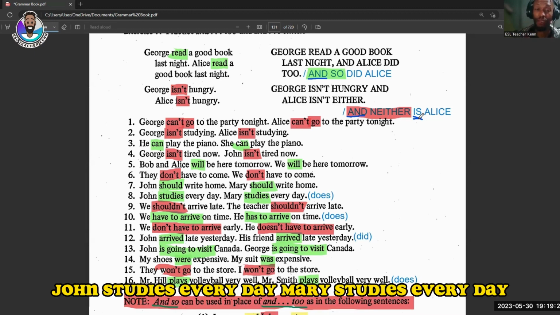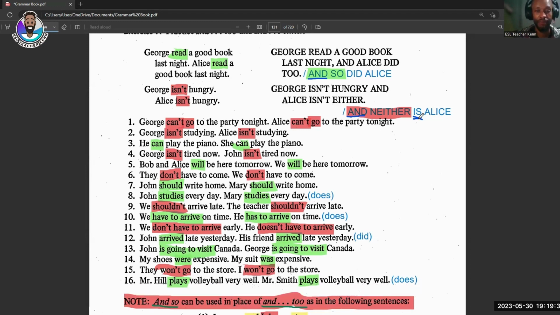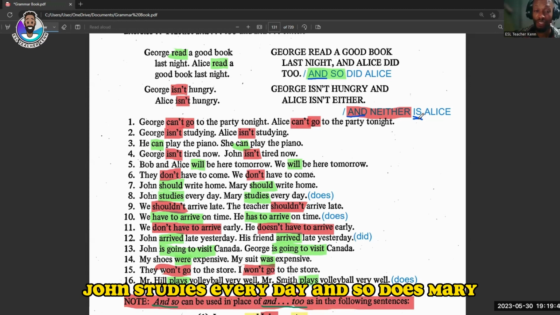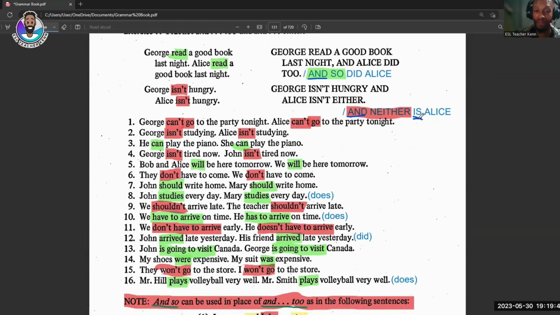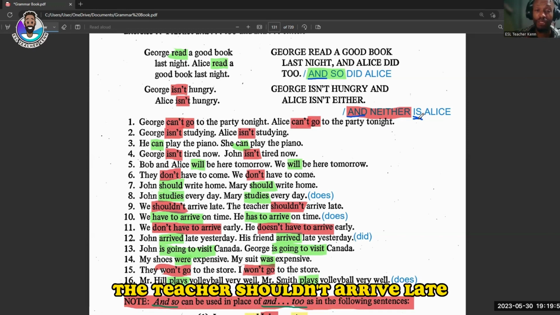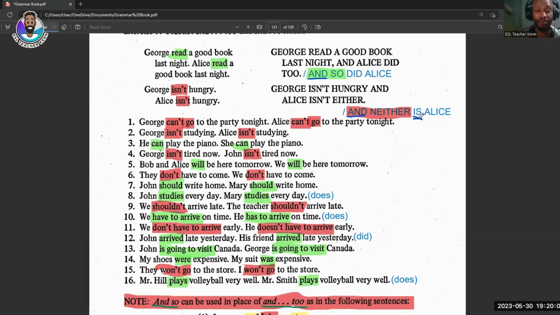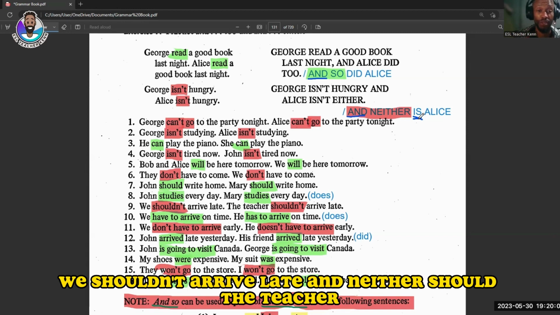John studies every day. Mary studies every day. John studies every day, and so does Mary. We shouldn't arrive late. The teacher shouldn't arrive late. We shouldn't arrive late, and neither should the teacher.